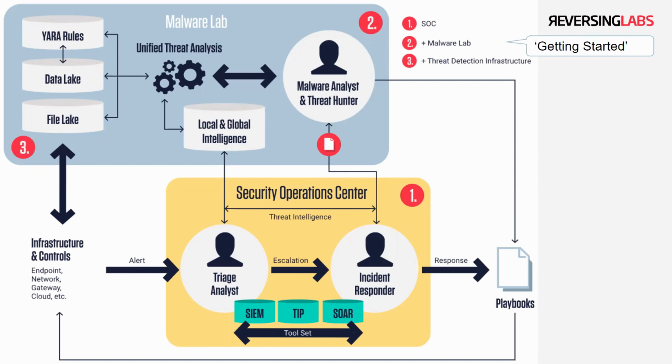It could have been generated by an endpoint detection and response system, or a variety of different controls that exist in the infrastructure. But the early organizational models were, look, the security operations team is in place to respond to threats. So we had the incident response plans in place, and they needed more intelligence in order to formulate that response, and that's where the analysis happened.